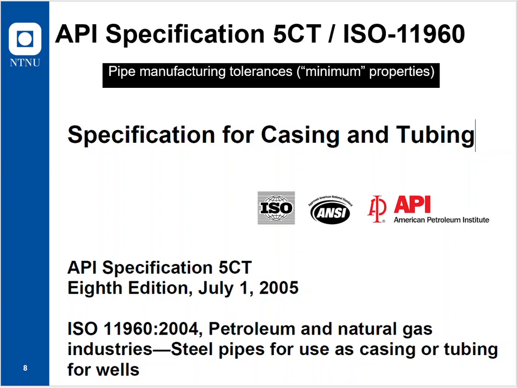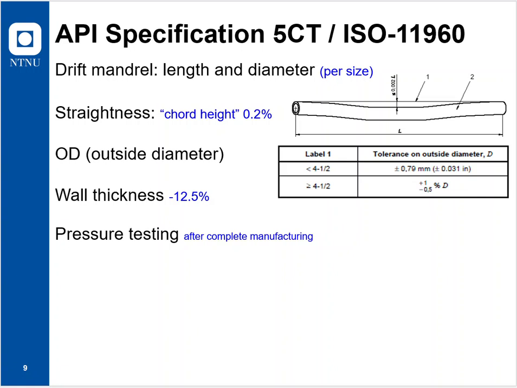When it comes to the standard for the specification or minimum manufacturing tolerances, the standards that I'm presenting to you now are from 2004, 2005, and I'm not so sure that they have changed a lot, to be honest.